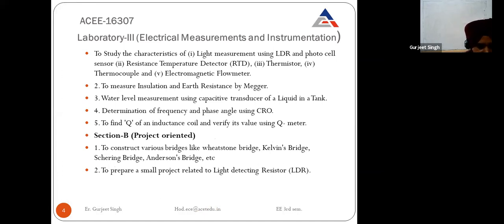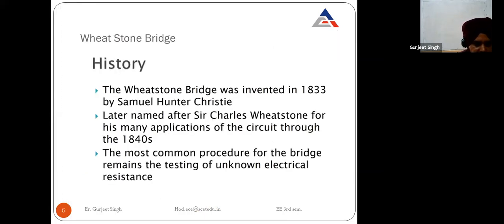So the lab part is divided into two parts, A and B.